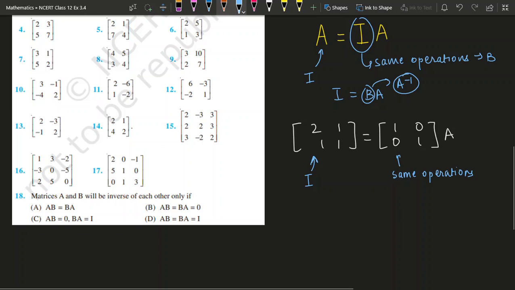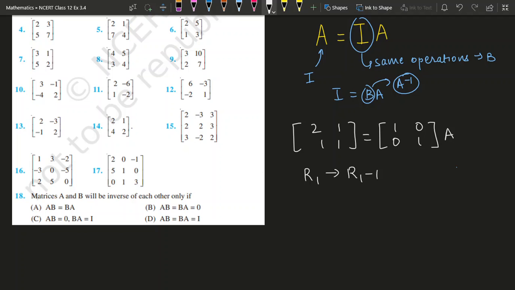So let's try subtracting R2 from R1. Why do I do that? That's what took me some time to think about.